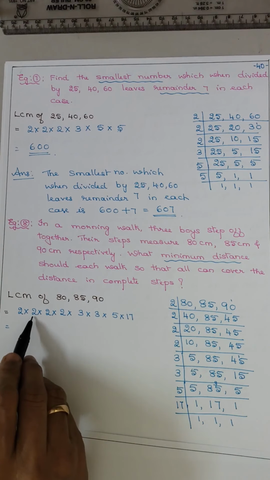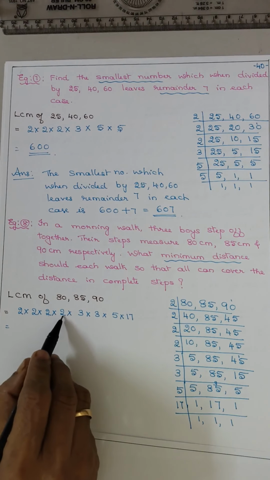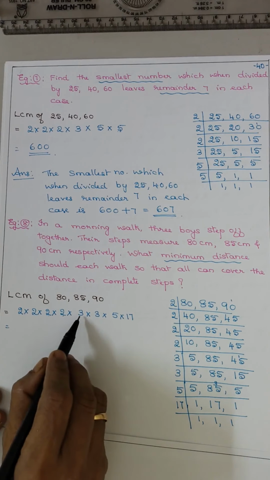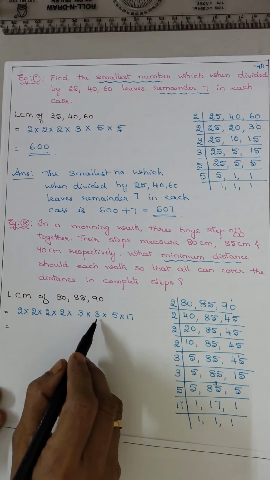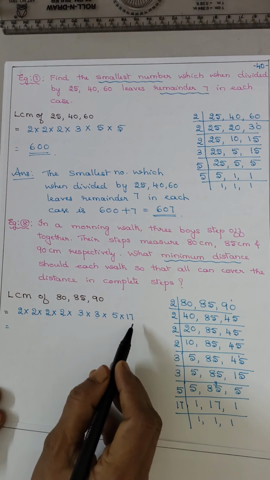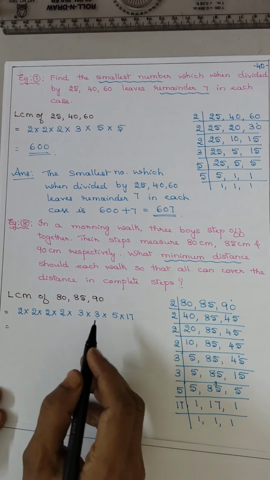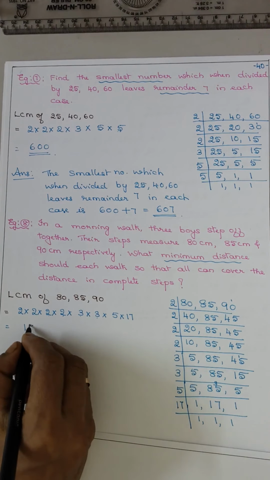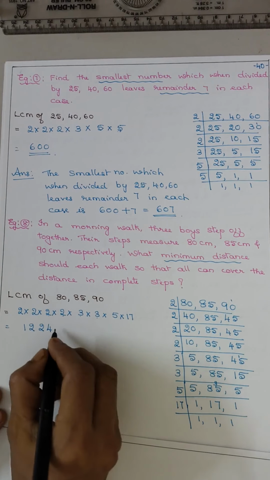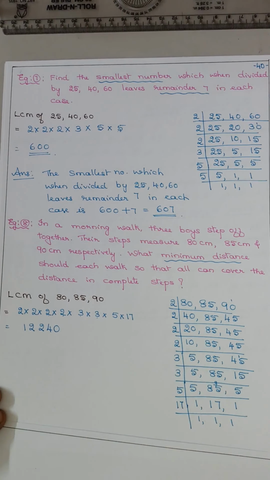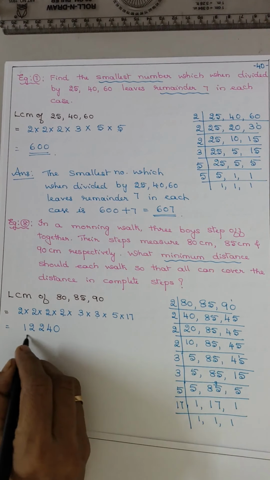Now 2 2s are 4, 4 2s are 8, then 3 3s are 9, 8 9s are 72, 72 into 17, you will get 1224 and 2 5s are 10. It is 12240.